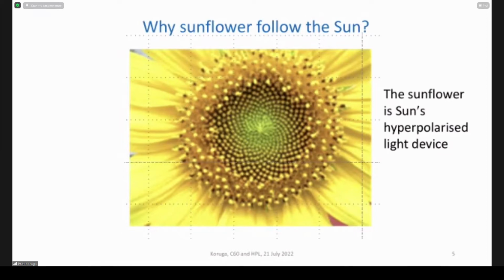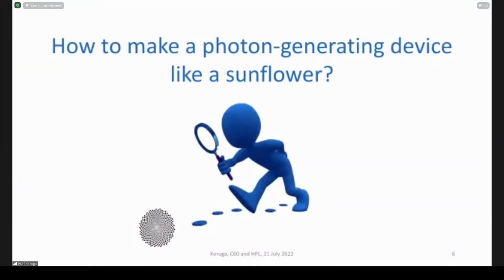And this is the reason why the sunflower follows the sun, because this is the sensor that tries to catch the photons from the sun in the proper way. And when we discovered that the organization of photons should be in this way, we tried to find how to make photon generating devices like a sunflower.